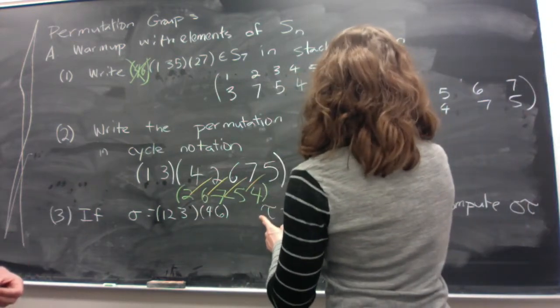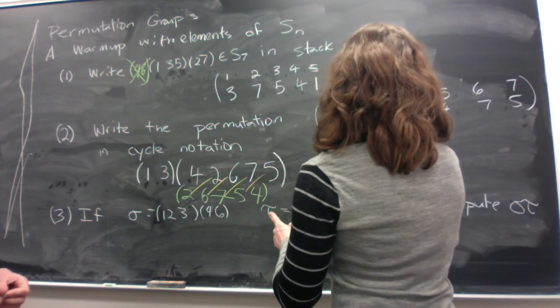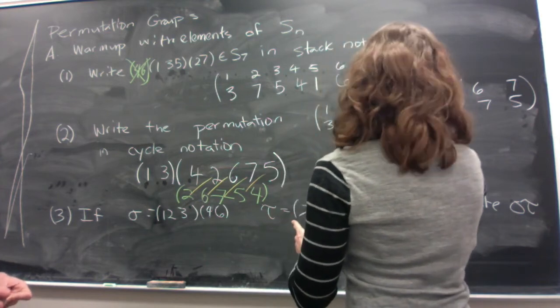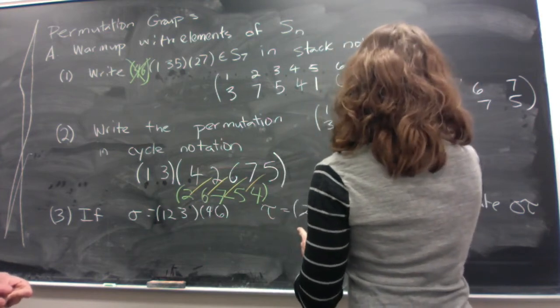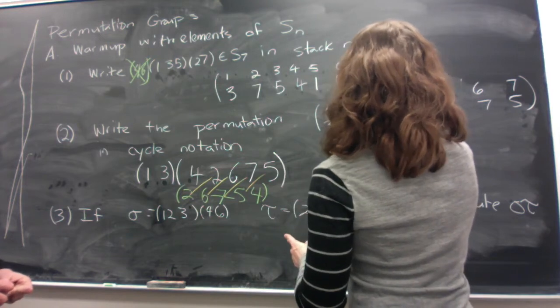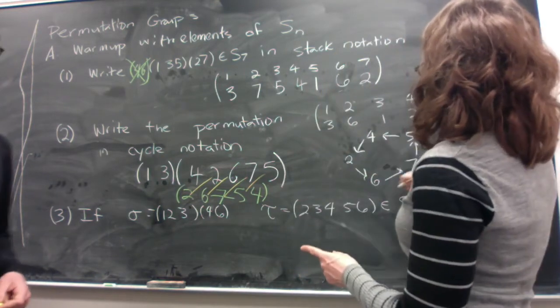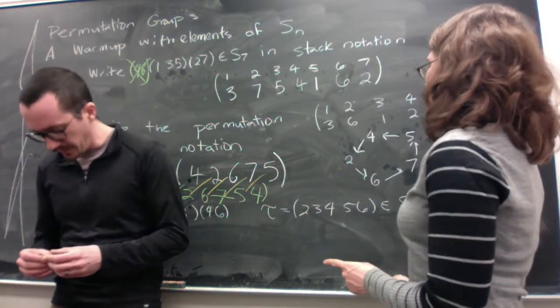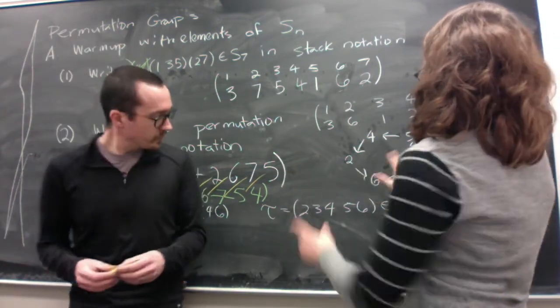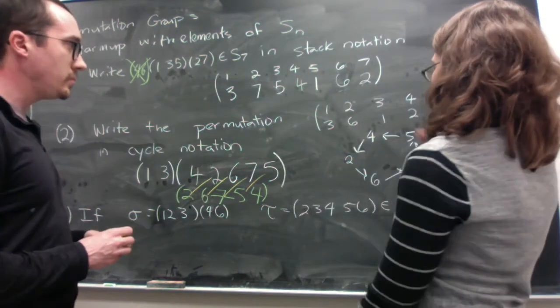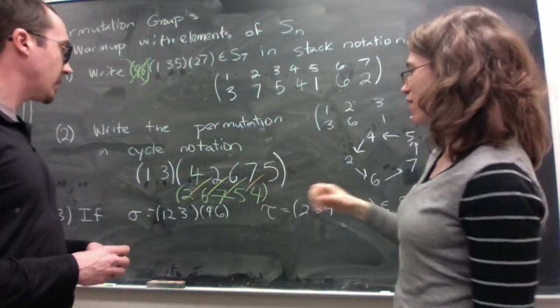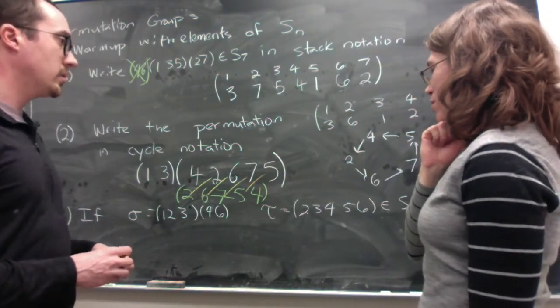So 2 goes to 6, goes to 7, goes to 5, goes to 4, goes to 2. And so they're circling or cycling around. This notation is conveying that, and I can start anywhere I want, but it's always going to convey the same information.